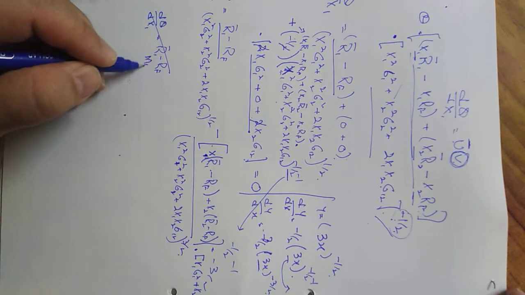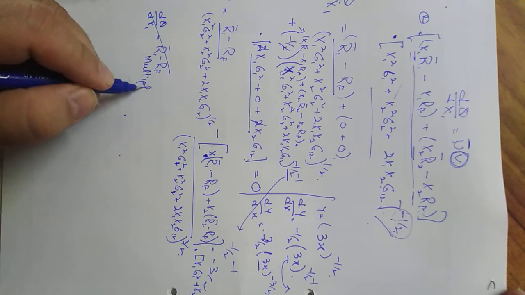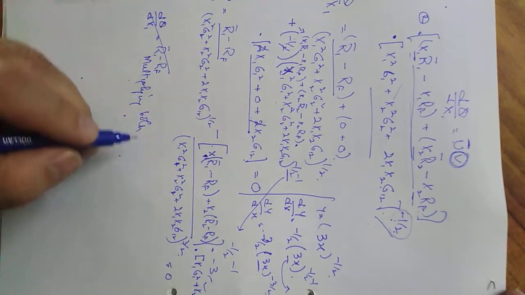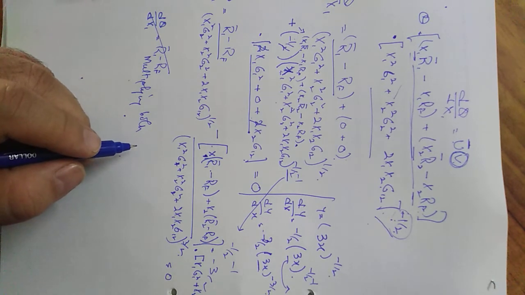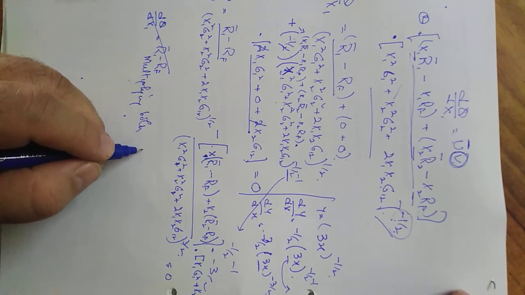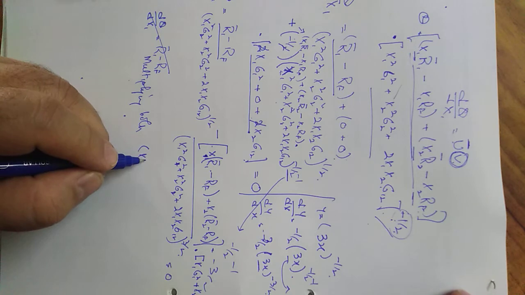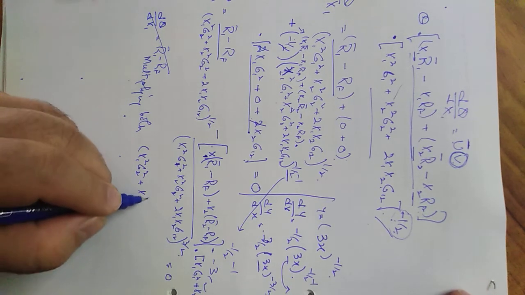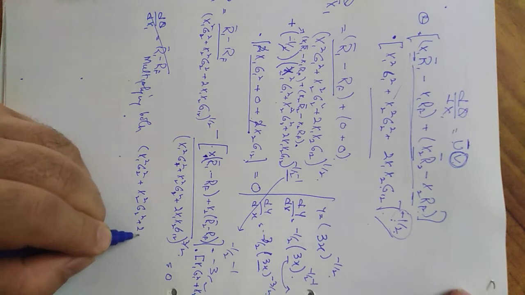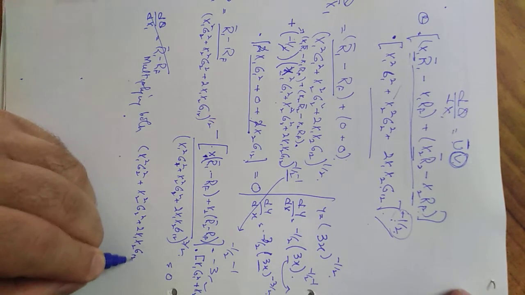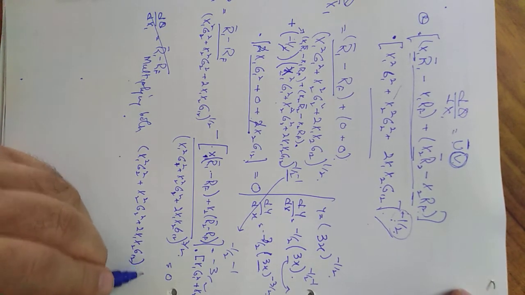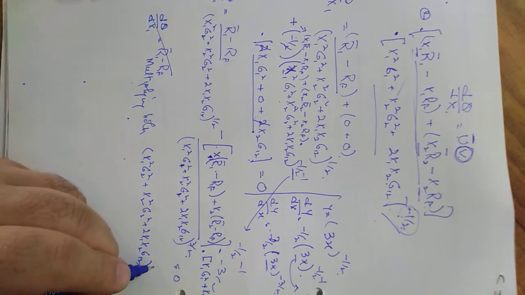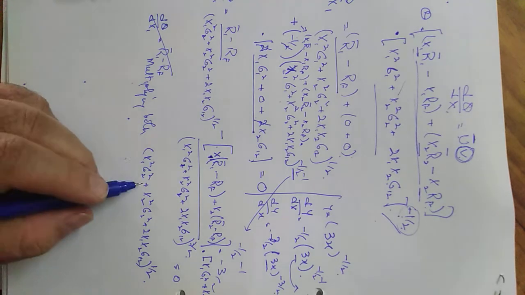I'm multiplying both sides, because everything is equal to 0, by the variance of the portfolio without the power 1 by 2. Okay, that is the standard way.